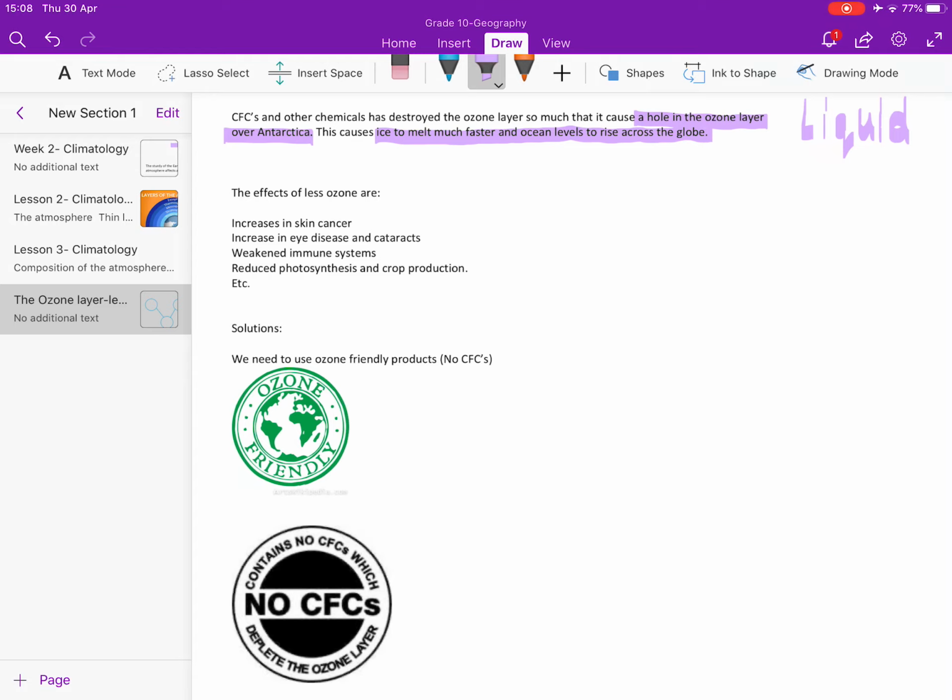If we continue to destroy our ozone layer, which is very precious to us, that will lead to increases in skin cancer, increases in eye disease and cataracts, a weakened immune system, reduced photosynthesis and crop production. All of these things we rely on a lot.